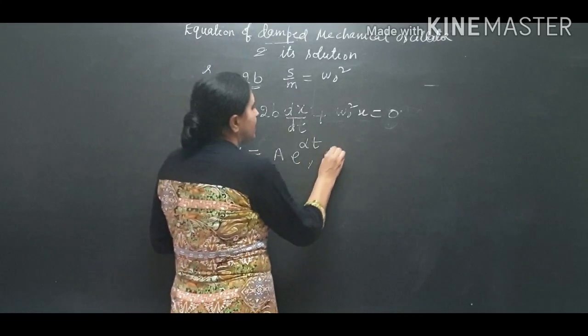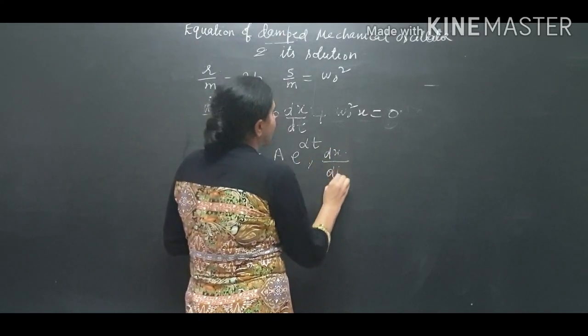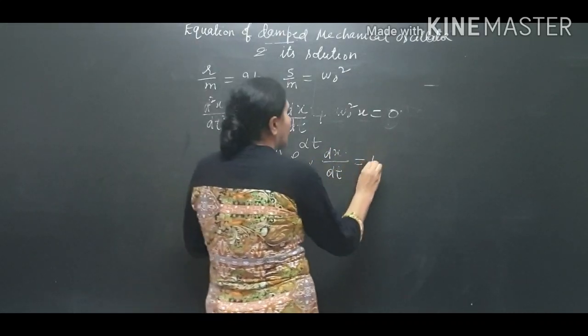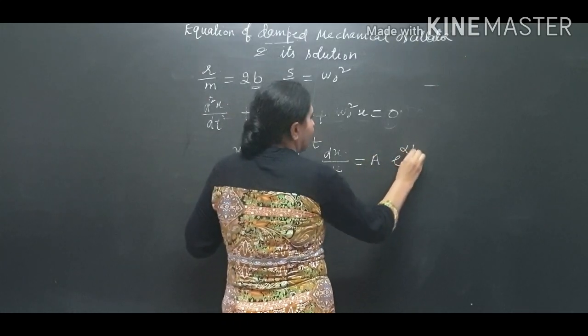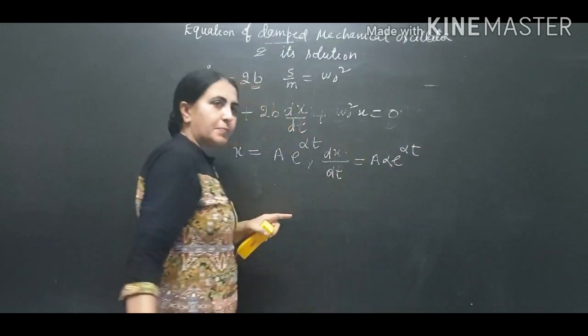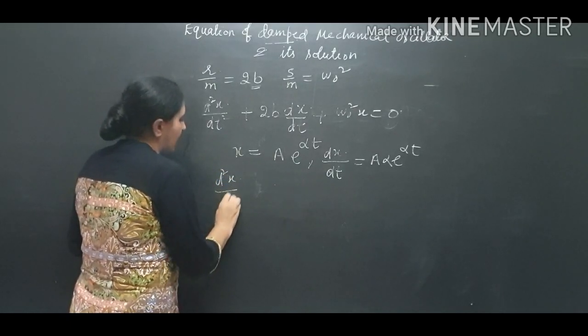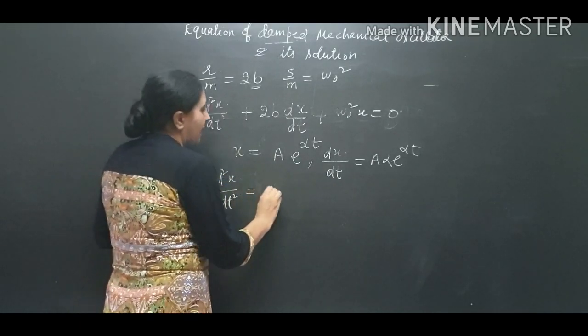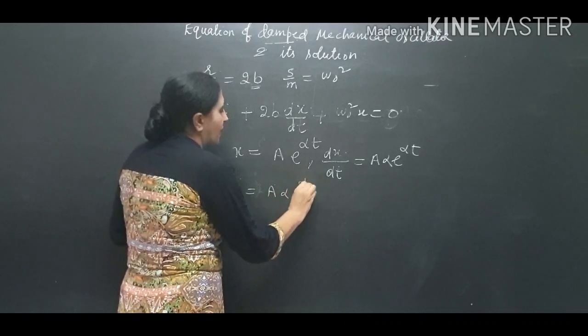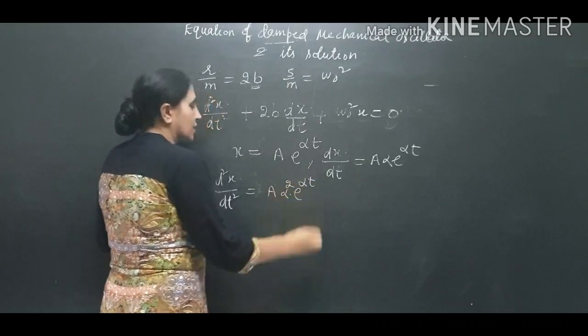So the single derivative of x with respect to t is a alpha e raised to power alpha t, then the double derivative of x with respect to t is a alpha square e raised to power alpha t.